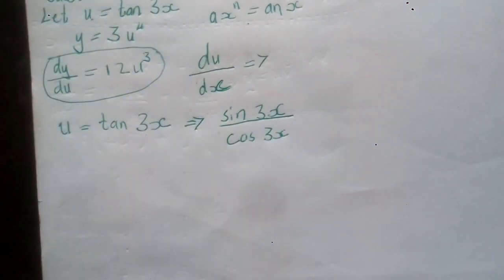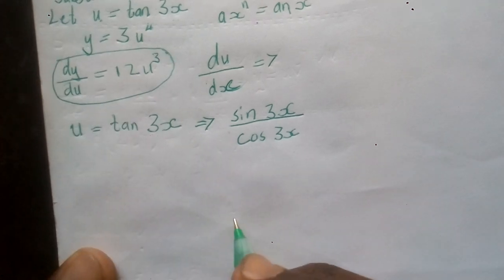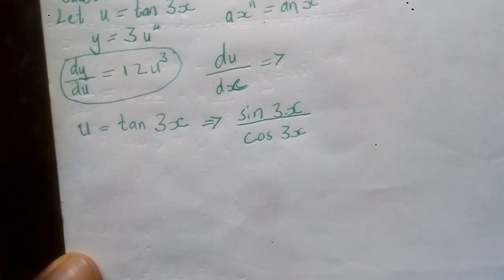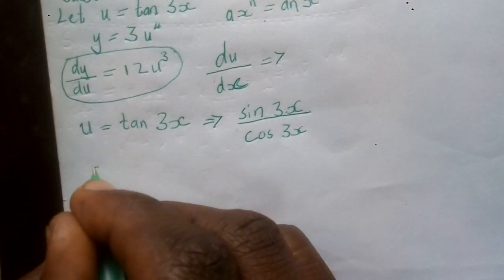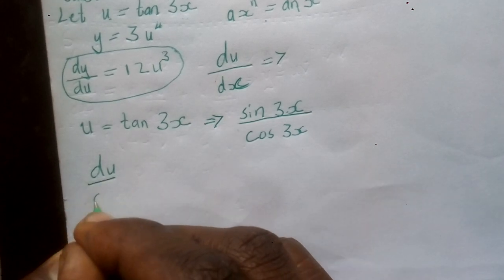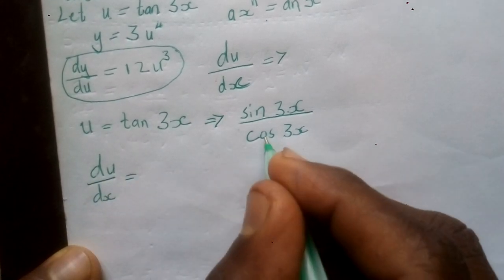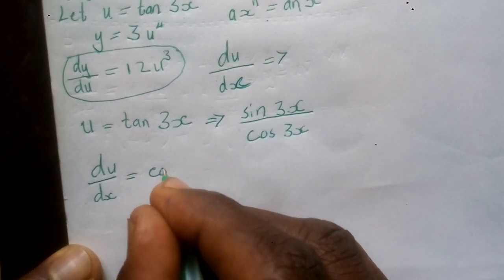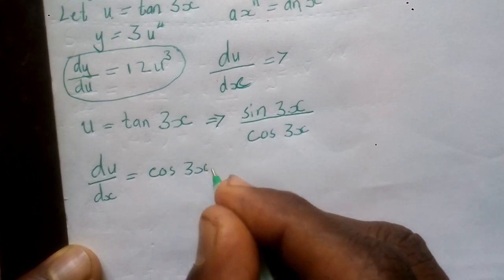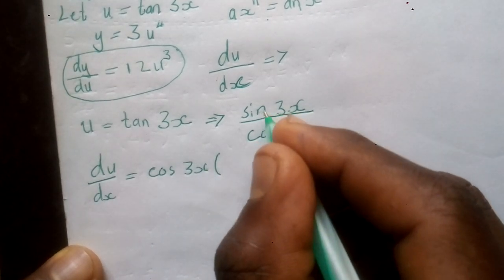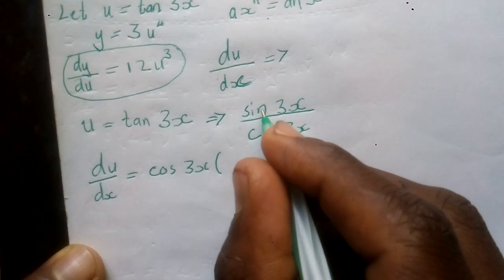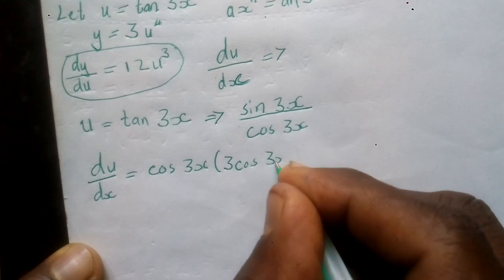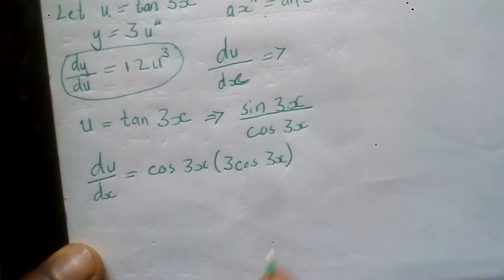We'll have to differentiate this using the quotient rule, whereby du all over dx will be equal to, you begin with the denominator, cos 3x times the derivative of sine 3x, which will be 3 cos 3x. I'll show you how I got that.